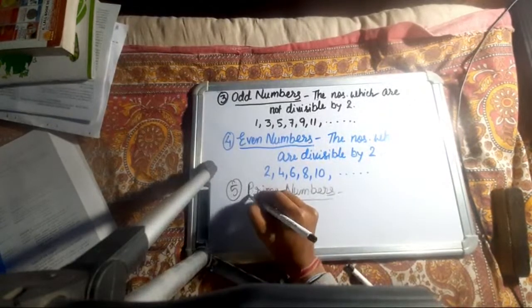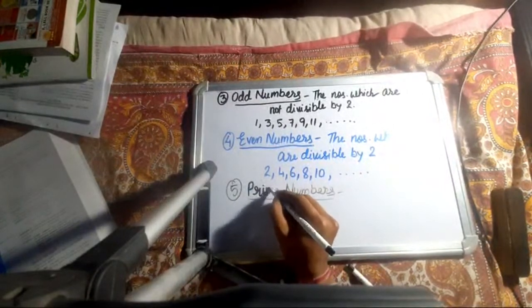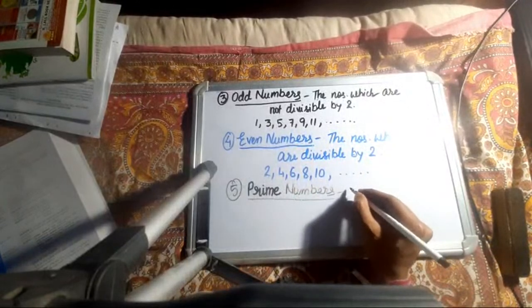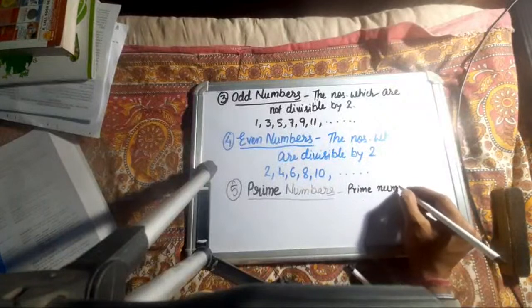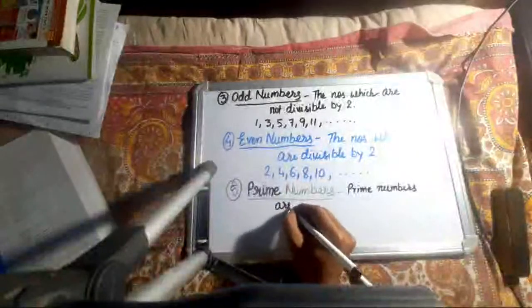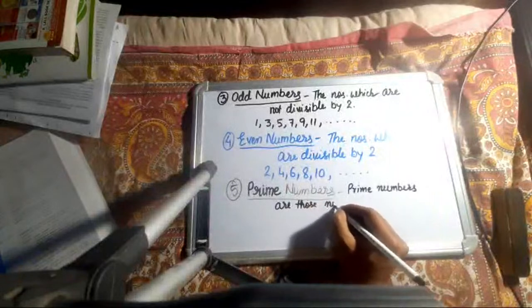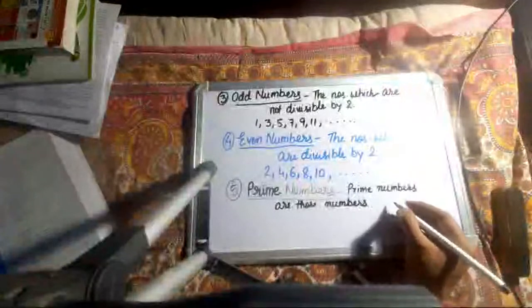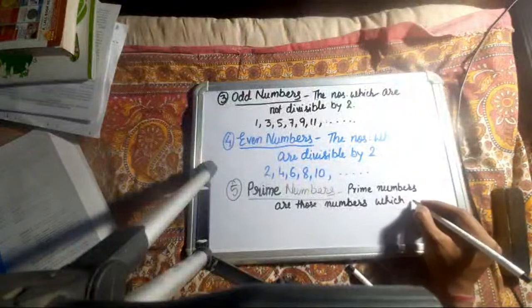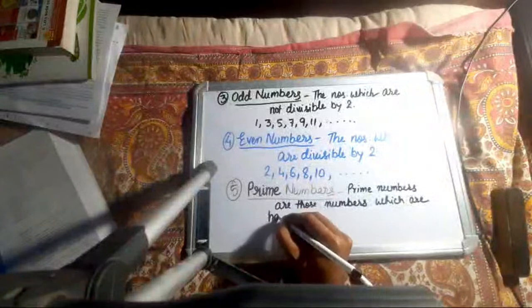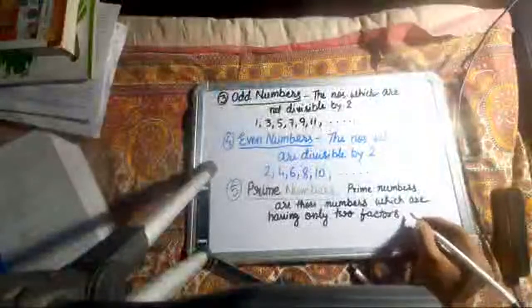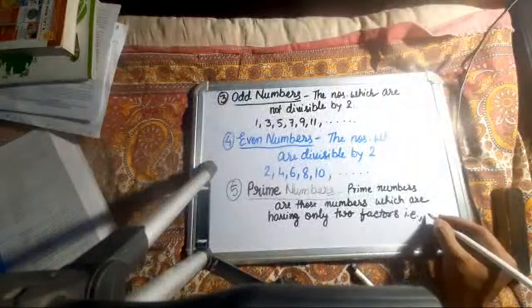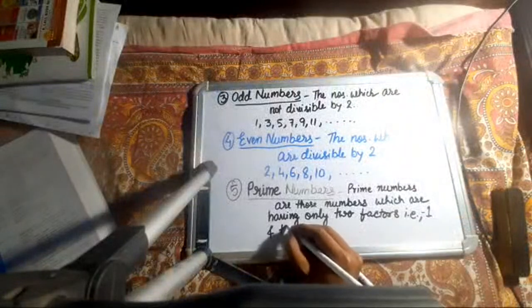Prime numbers are those numbers which have only two factors, that is 1 and the number itself.